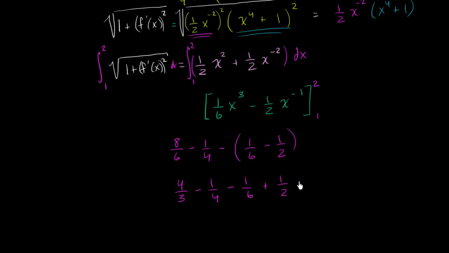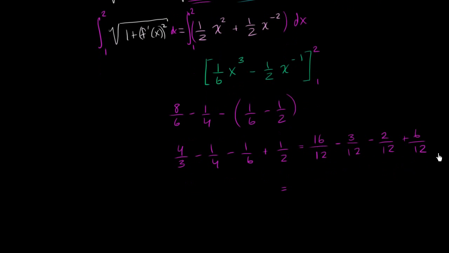And let's see, the common denominator here would be 12. So 4/3 over 12 is 16 over 12, right? Multiply the numerator and denominator by 4. Minus 1/4 is the same thing as 3 over 12. Now this is minus 2 over 12. And then we have plus 6 over 12. I think we deserve at least a little mini drum roll right over here.